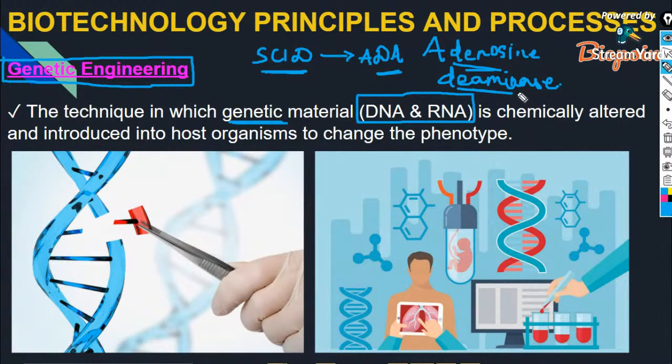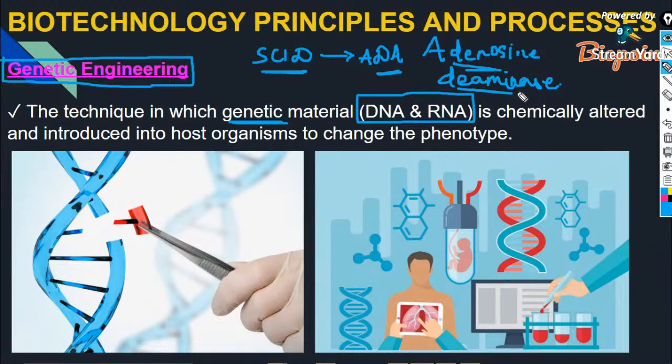In order to alter the chemical composition of that genetic material, it has to be introduced into a host cell so as to change the phenotype of that particular sequence. So the chemical nature of the DNA sequence has to be changed.